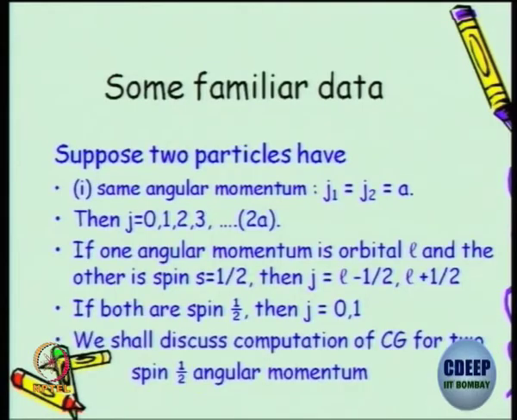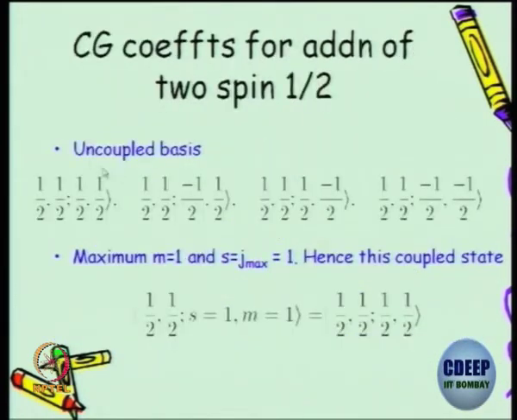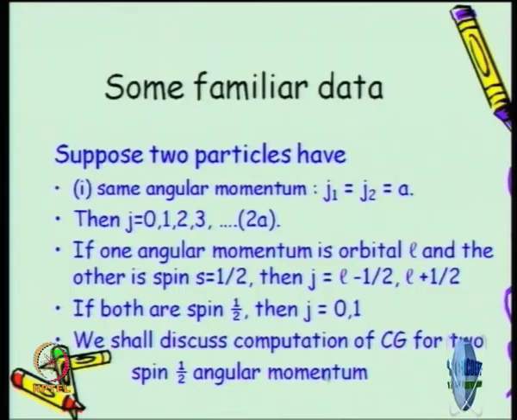So now what we will do is, let's take the simplest one, which is two spin half angular momentum addition, and look at what the CG coefficient is for two particles which are spin half and coupled. Just to recall, the uncoupled basis is 4-dimensional. One spin half is a 2-dimensional linear vector space, another spin half is also 2-dimensional.